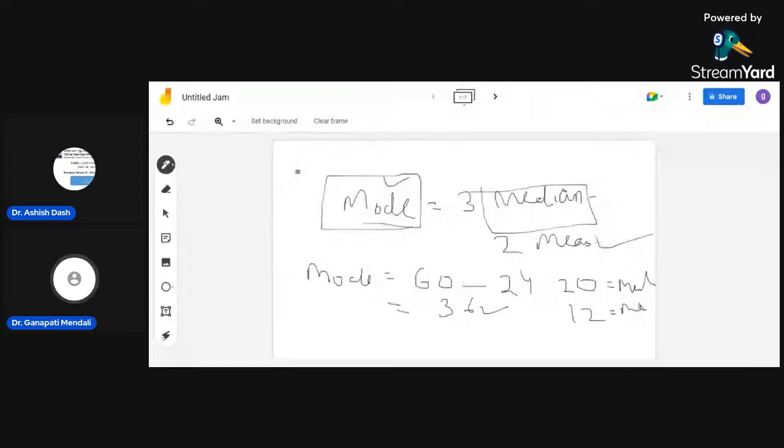Now coming to the measures of central tendency, that is, positional average.